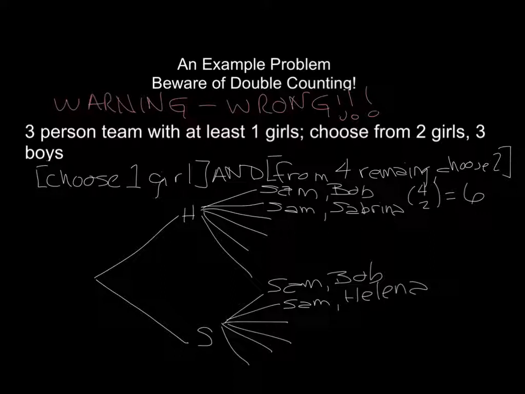So when we count how many possible teams we have, 1, 2, 3, 4, 5, 6, 7, 8, 9, 10, 11, 12. We already know we're in trouble because the maximum number of teams we could have was 10, right? If there were no restrictions, without constraint, there are 5 choose 3, or 10 possible teams. And the reason why we have too many is because of this double counting.